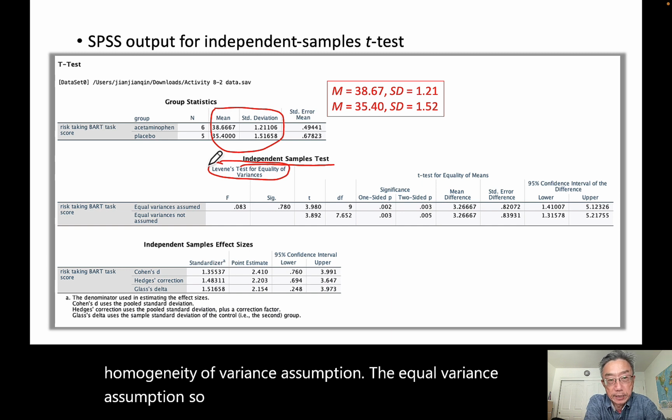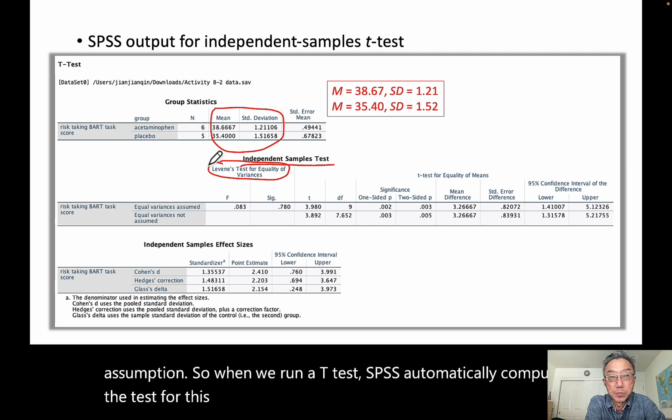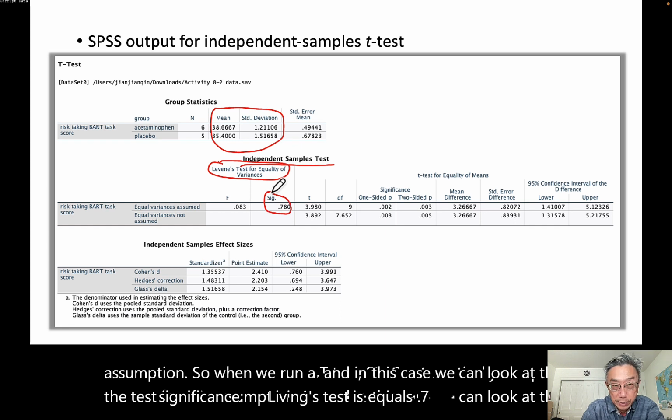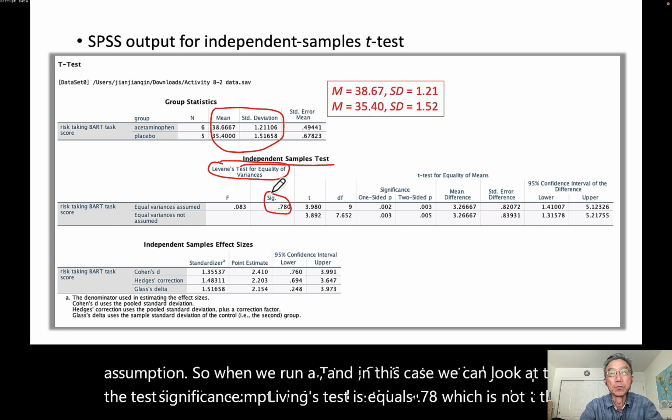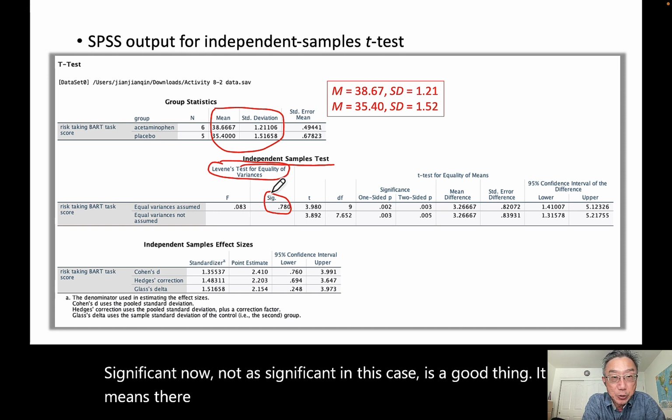So when we run a t-test, SPSS automatically computes the test for this assumption. So, in this case, we can look at the level of significance for Levene's test. It equals 0.78, which is not significant. Now, not significant in this case is a good thing. It means there was no violation.